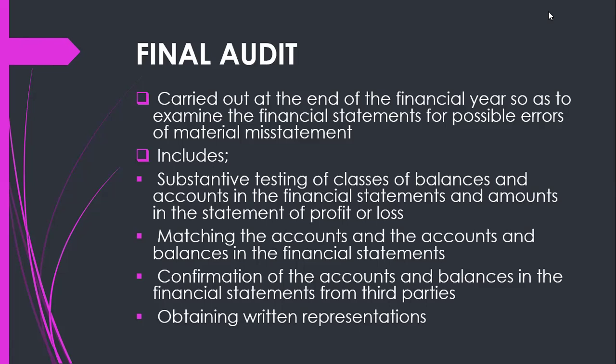So we have accounts in the financial statements, for instance inventory. We tested some inventory. We observed some inventory. Maybe some inventory is damaged. You understand? Then we have to match it with the amount of inventory that's in the statement of financial position. So we have observed the physical inventory, then we've checked that maybe some inventory is impaired.